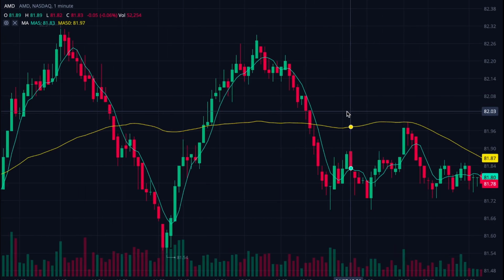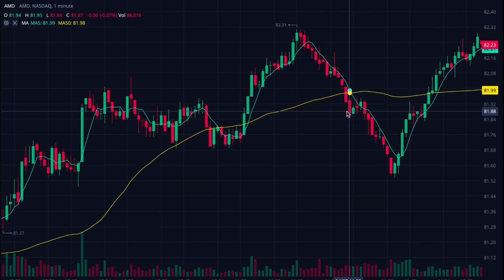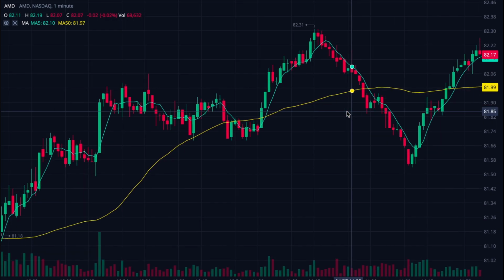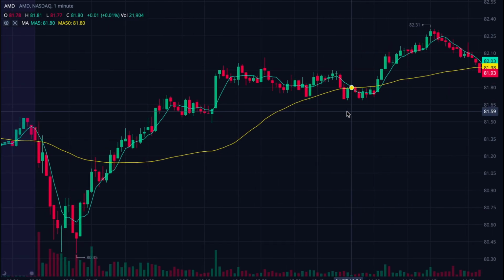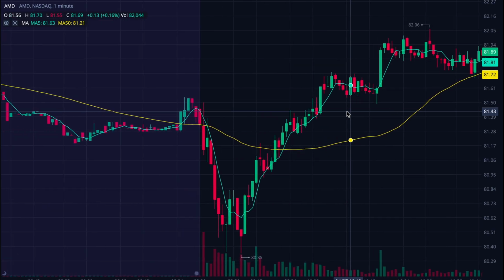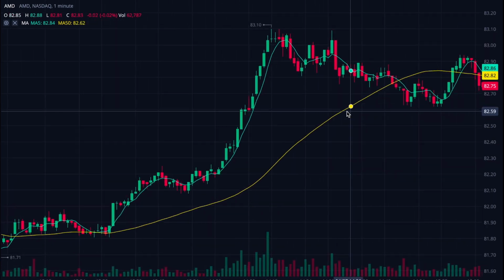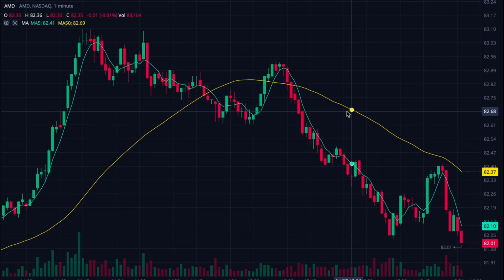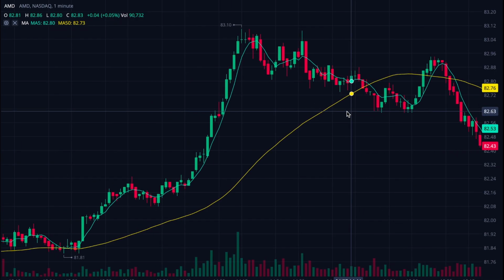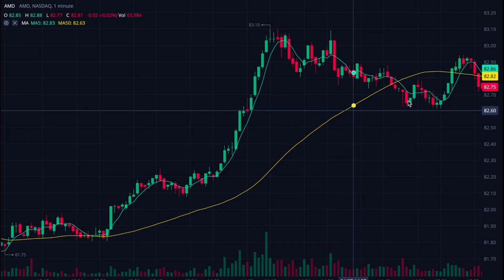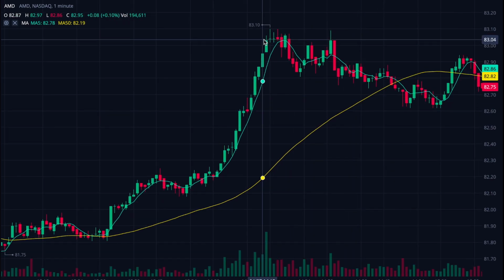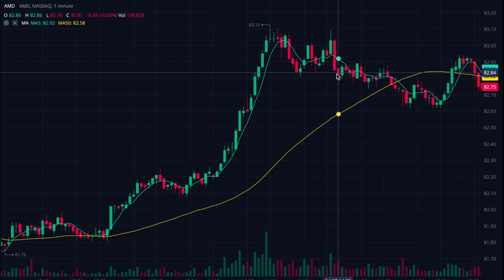Let's go back here a bit and see what the price action might have looked like. Yeah, there's not an excellent example of the thing that I was just describing, where it would have allowed you to stay in the trade longer without selling out. Because here, that's what's happening in this area, but then it ends up falling below the yellow anyway.